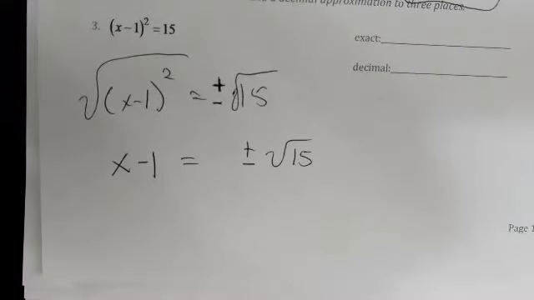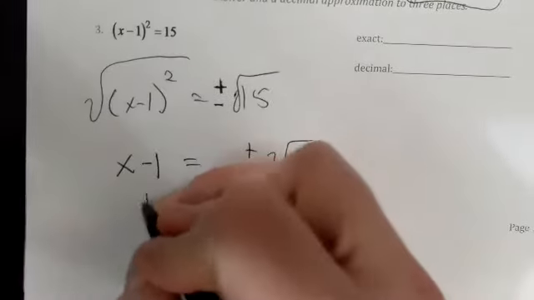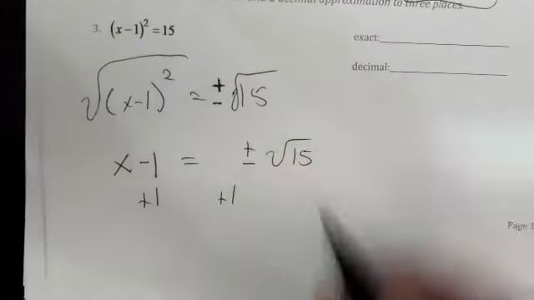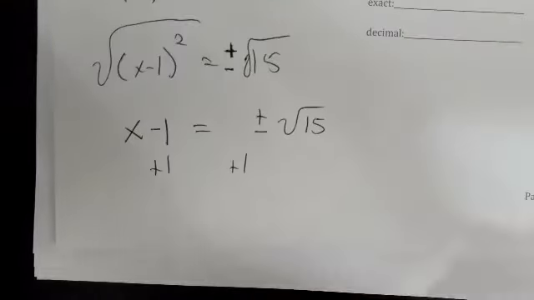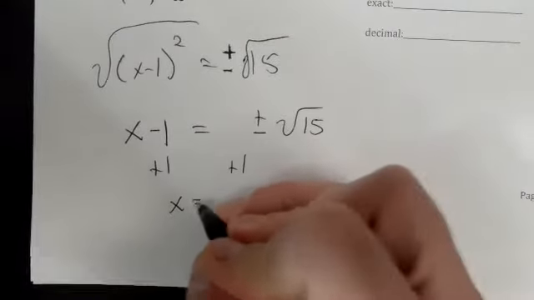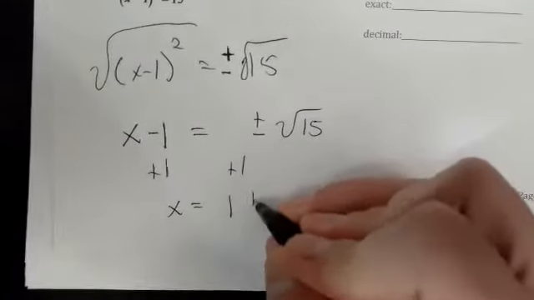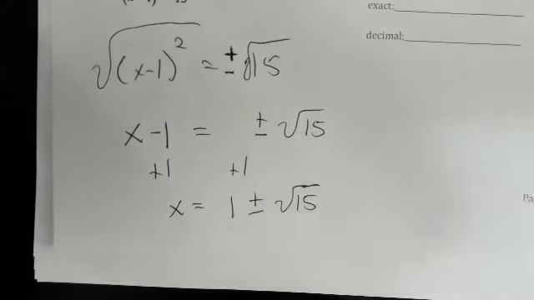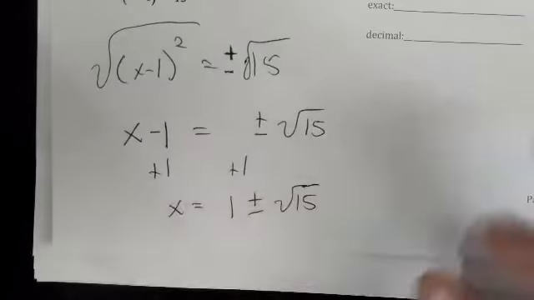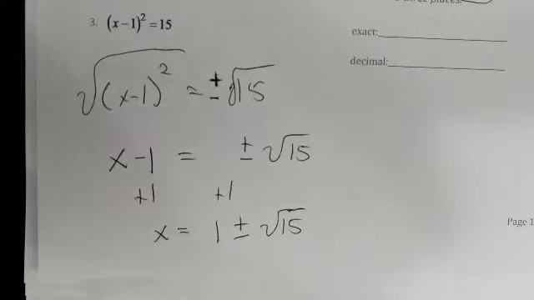And I'm going to do this maybe a little weird, but I have to add 1 to both sides. I could say plus or minus root 15 plus 1, but I'm going to throw this thing out in front. So I'm going to go 1 plus or minus root 15. Okay.